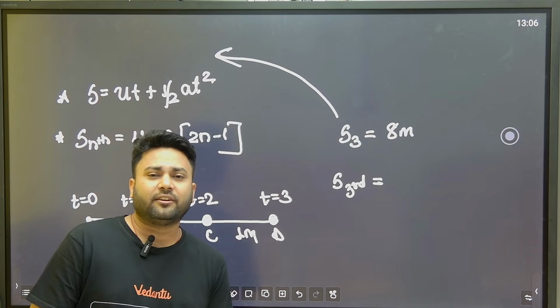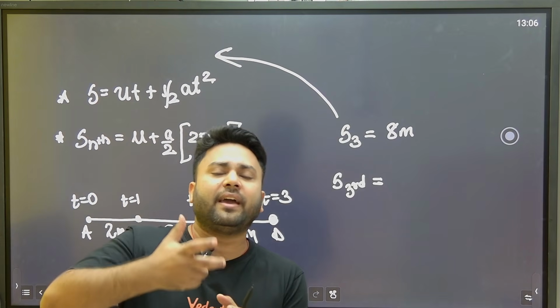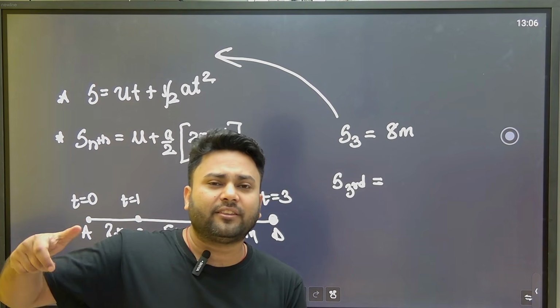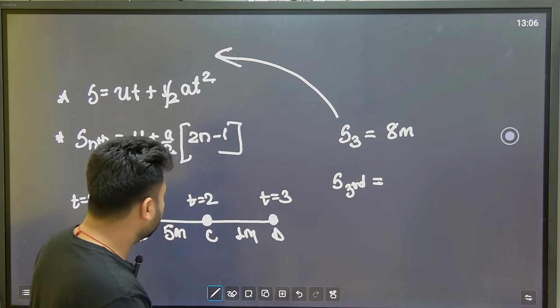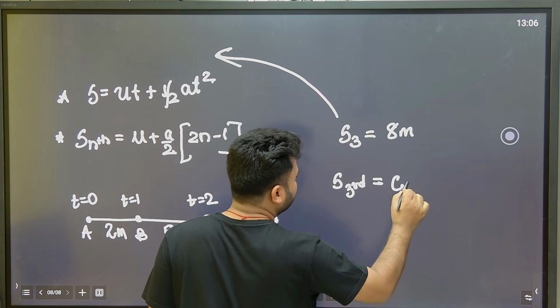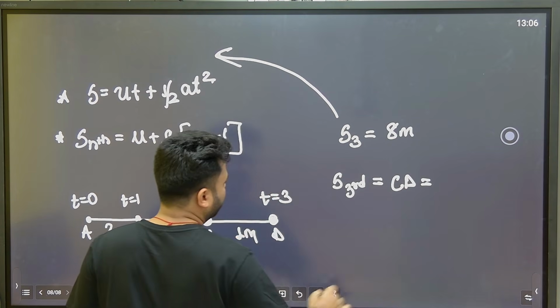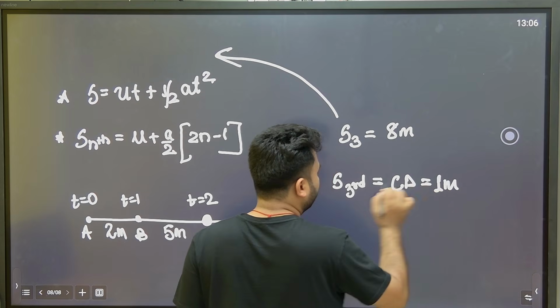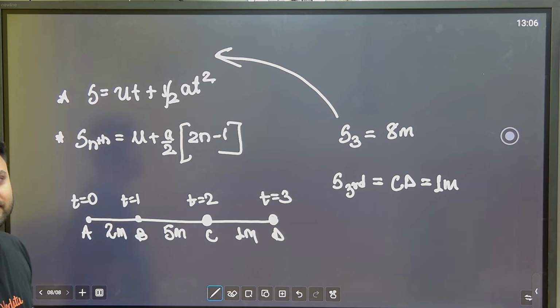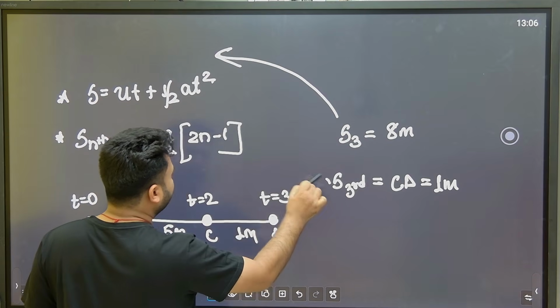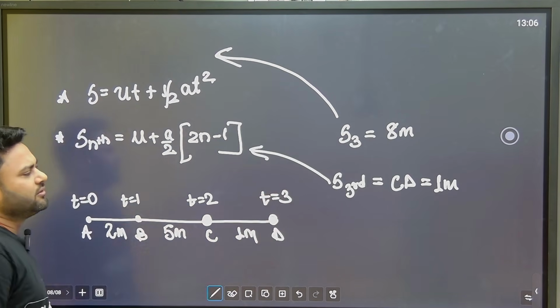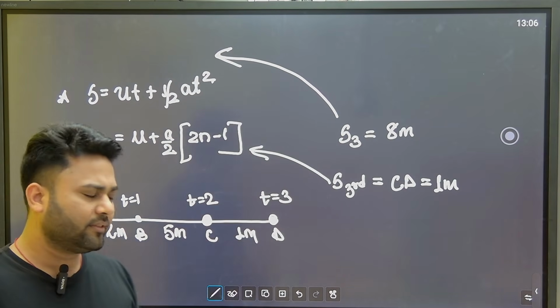Means when the 3rd second began and when the third second ended. So this CD distance, or this 1 meter, is called the distance covered in third second. Correct? When you have to find this third second, then we are going to use this formula, distance covered in third second.